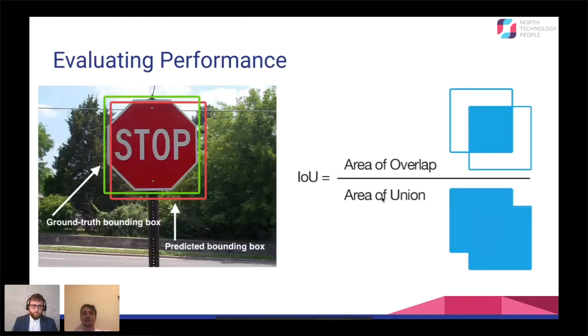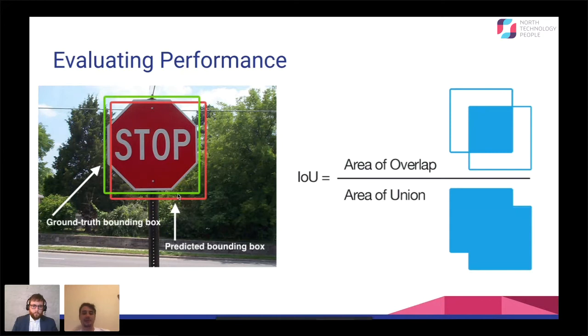So you may ask, how do we evaluate the performance of an object detection system? You could think we have ground truth labels of bounding boxes where objects actually occur. We can see that depicted in the green box here. And our object detection system is basically going to predict a bounding box.